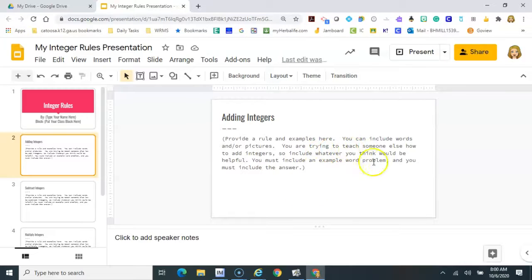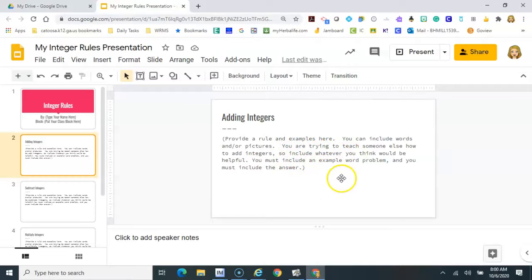But you are trying to teach someone else how to add integers. So this is like a teaching presentation that you are creating, and I want you to act like you're creating it to teach a class or to teach someone how to add, subtract, multiply, and divide integers. Okay? So include whatever you think would be helpful.